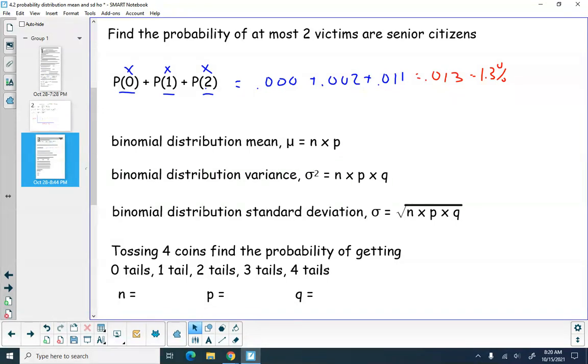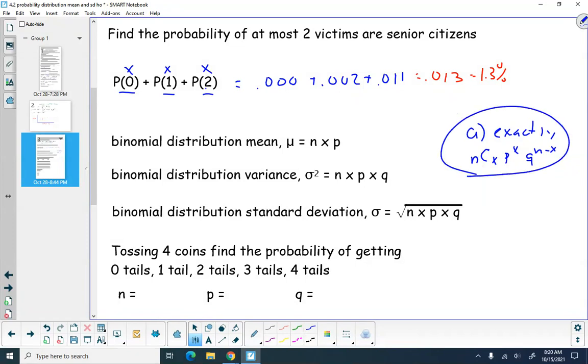And once again, what I will do is I will give you values when you're dealing with exactlies, that you are in problem A. When you're dealing with the exactlies, utilize your nCx. Get yourself some practice with the nCx.